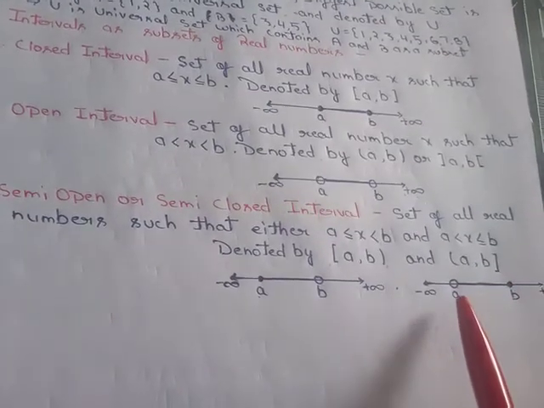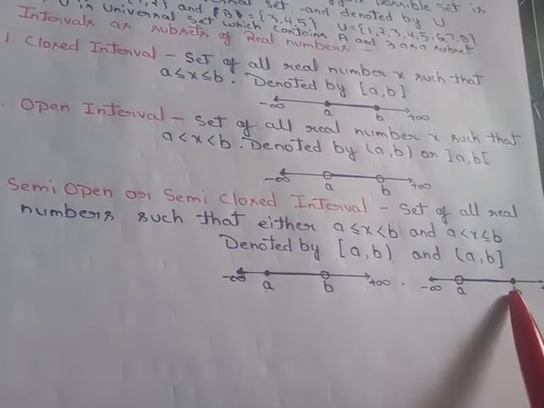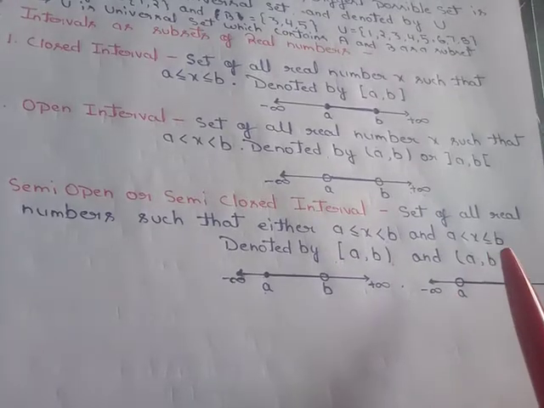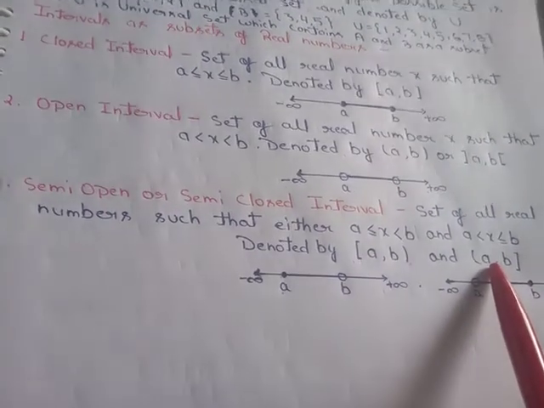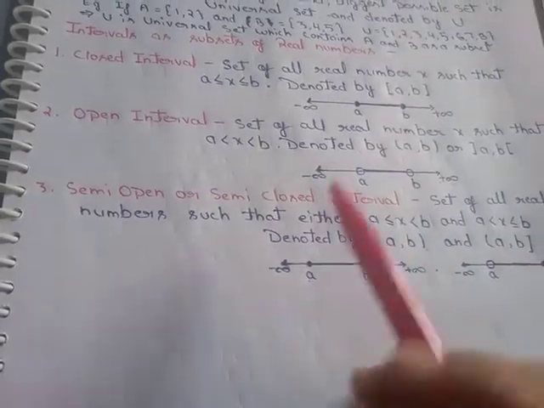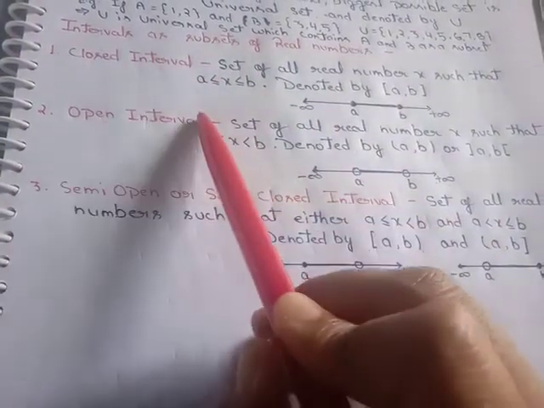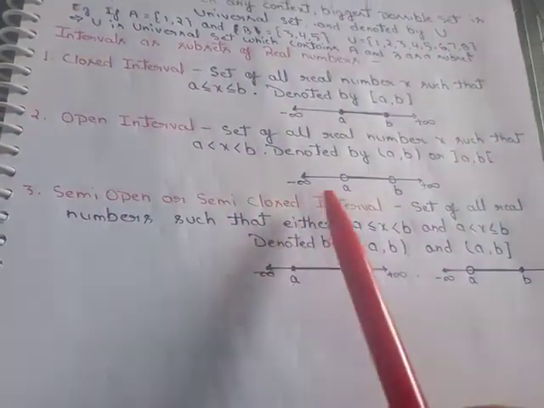And all the elements between a and b are also included in this interval. So these are our intervals: first the closed interval, open interval, and semi-open or semi-closed interval.